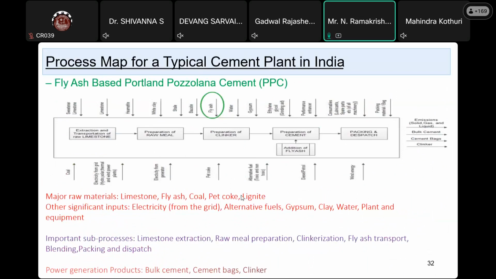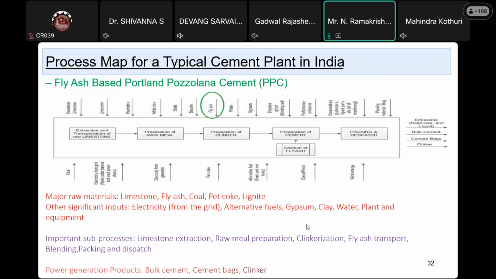So the earlier one which we have seen is OPC. This one is fly ash based PPC, so Portland pozzolana cement. Everything is similar to what we have seen earlier. Only the new addition is fly ash. Instead of excess limestone, you are going to use some of the fly ash here. So limestone, fly ash, coal, petcoke, lignite, all this, and other inputs are same: electricity, fuels, or gypsum, water, plant equipment.